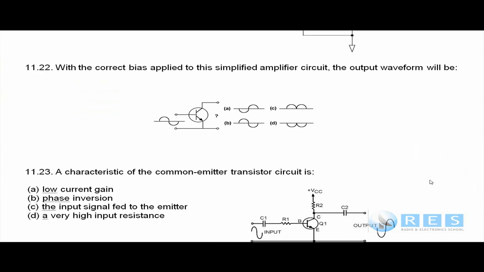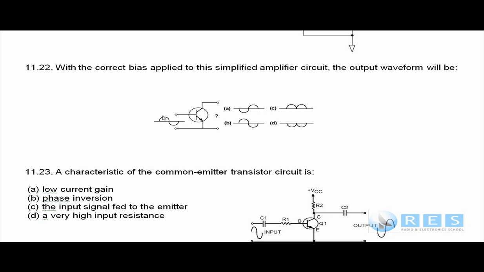Question 1122, and this is something new that you have to know about common emitter amplifiers, and you only have to know about common emitter amplifiers. If this is the input signal into a common emitter circuit, that's a sine wave, which sine wave will we get on the output? Will it be A, B, C, or D?